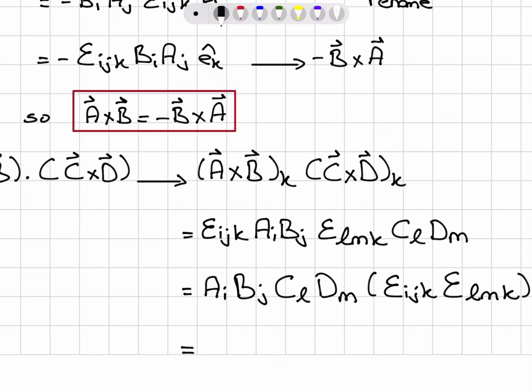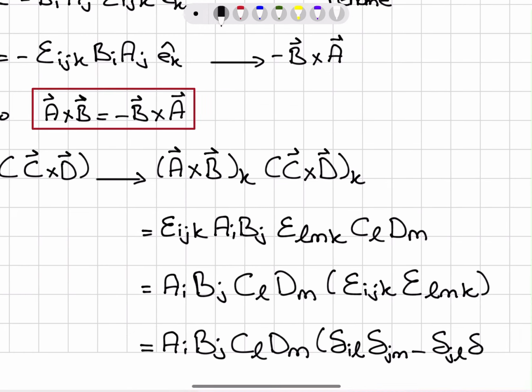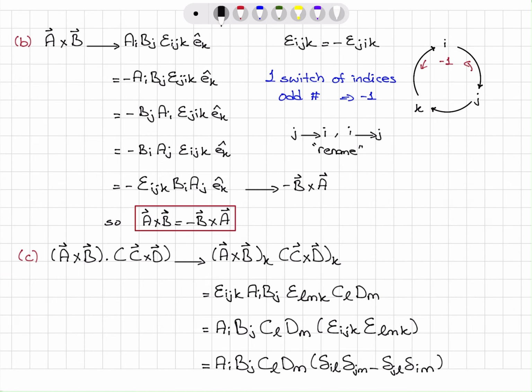So this is A sub i, B sub j, C sub l, D sub m, Kronecker delta first indices il, Kronecker delta second indices jm, minus Kronecker delta inner indices jl and outer indices Kronecker delta im. So that's the Levi-Civita identity that I'm using.